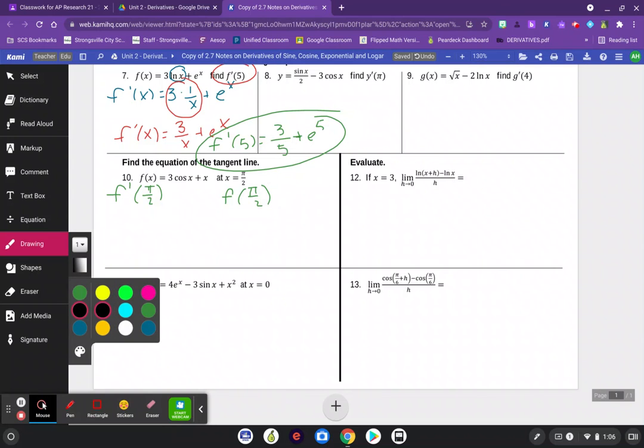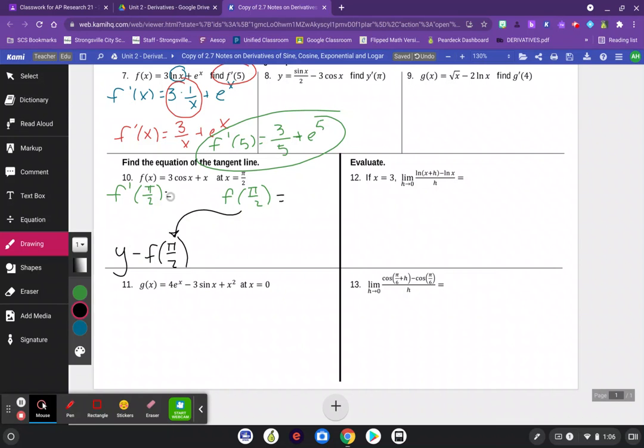Then when you're done, you're going to write the equation of the tangent line. You're going to write y minus whatever you get when you do f of pi halves, I need an actual number here, okay? Evaluate that. Equals whatever you get when you evaluate the derivative at pi halves. I want an actual number here. Evaluate that. And then x minus pi halves. So you're going to do that for 10 and 11.